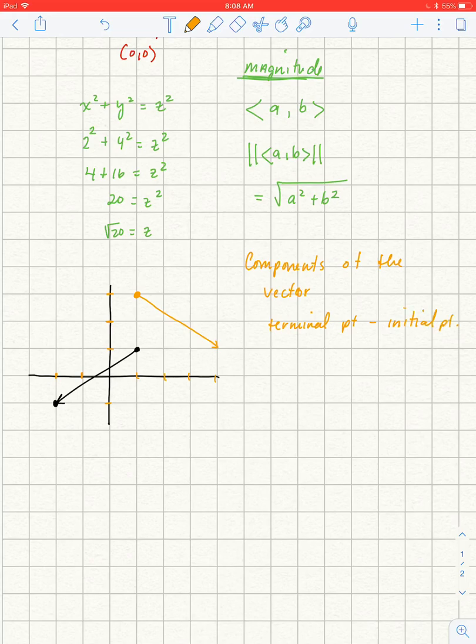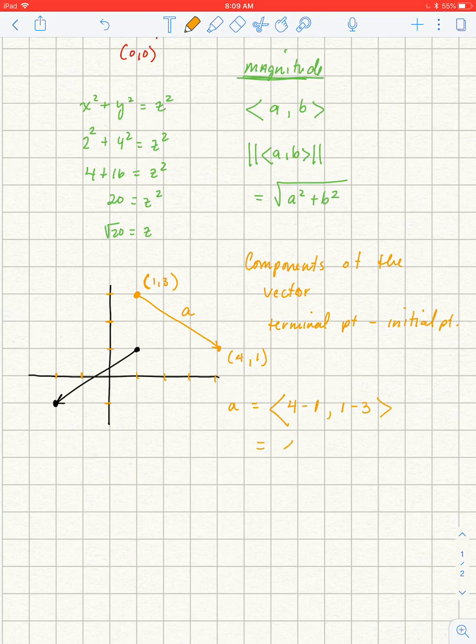So let's look at the orange one. So this has an initial point of 1, 3, and it has a terminal point of 4, 1. So if I want to know the vector, we'll call this vector A. If I want to know what is vector A, as far as the components go, I'm going terminal point, so 4, the x component, minus 1, comma, 1 minus 3.